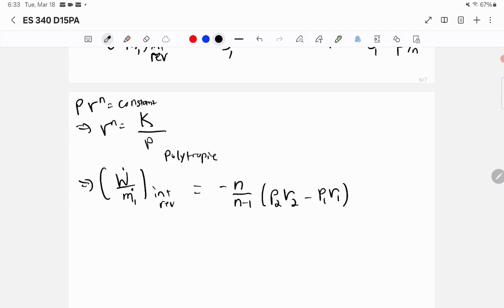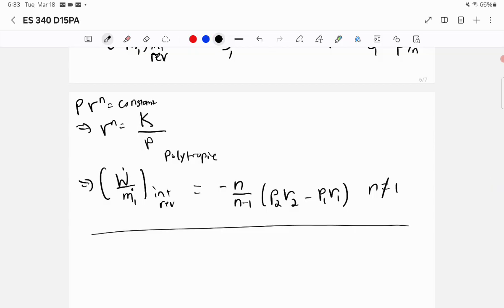So they just perform the integral for you for n not equal to 1. And I'll let you figure out the n equal to 1 case. You should be able to figure it out if you can do this integration.